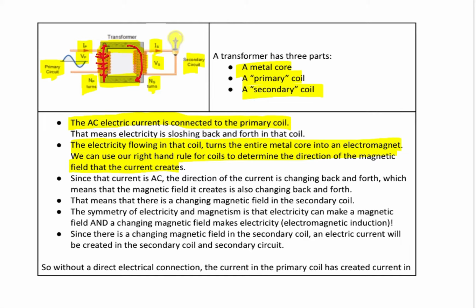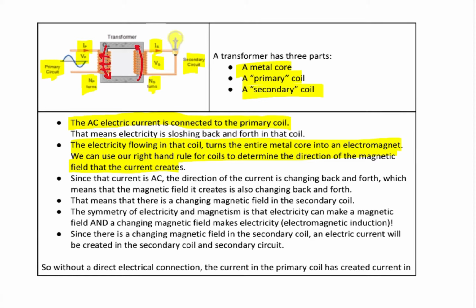Then, because it's alternating current, a split second later, the electricity on this side, the primary side, goes the exact opposite direction. So I'm going to erase all this. A split second later, the electricity is going the exact opposite direction, which means a split second later, the magnetic field is going the exact opposite direction. So the magnetic field is going this way. So on this side, now the magnetic field is pointed upward.